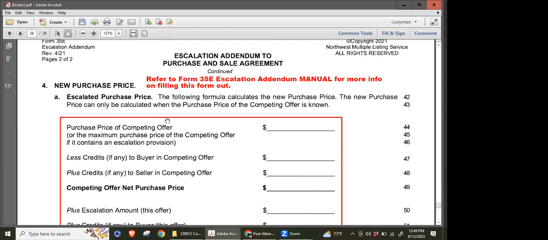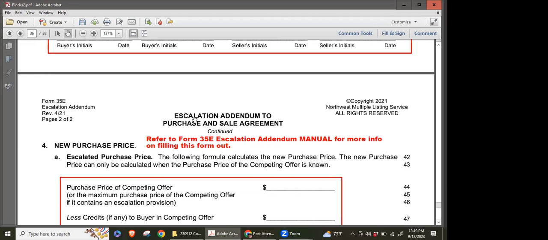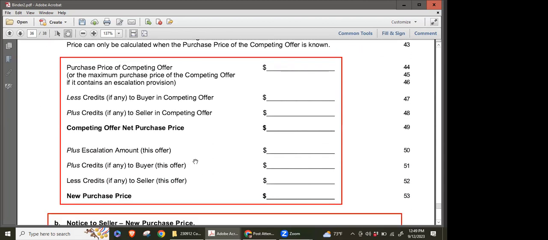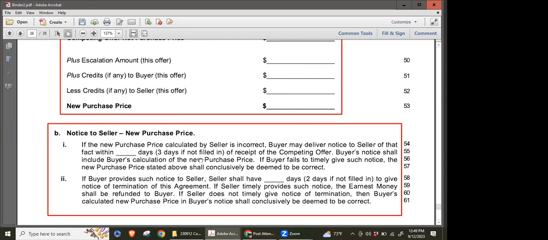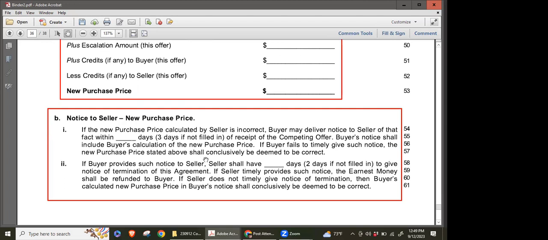Your 35E has a manual that is great. Refer to Form 35E Escalation Addendum Manual for more information on filling this out. I have to look at that every time because they do like a negative and a positive, and it just totally messes me up. That's when I call in Tom.